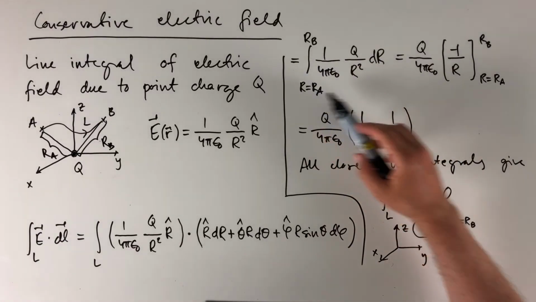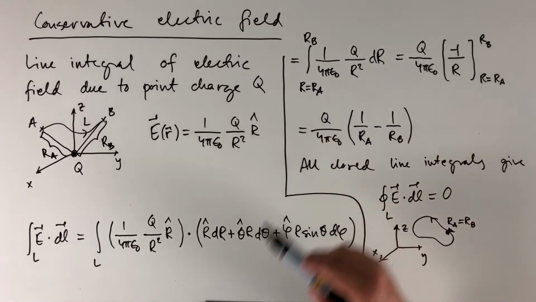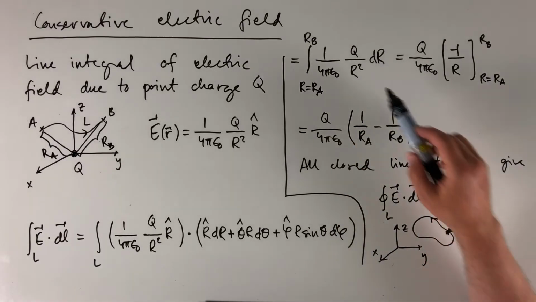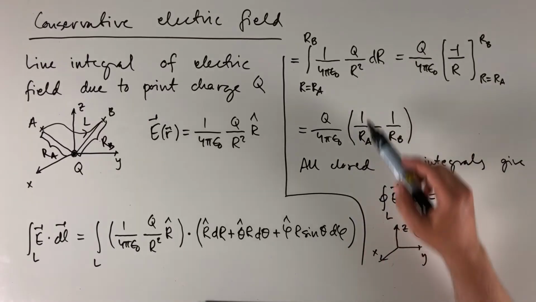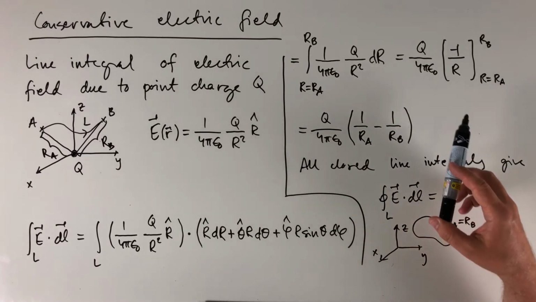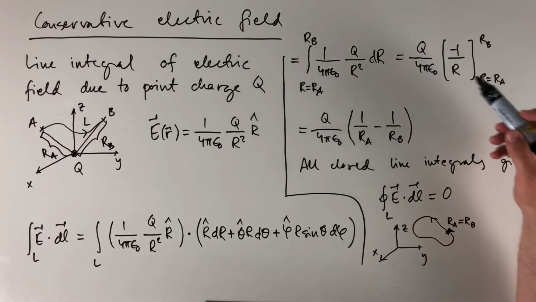Okay, so this is a simple 1D line integral, and we evaluate that now using normal integration from calculus in one variable.